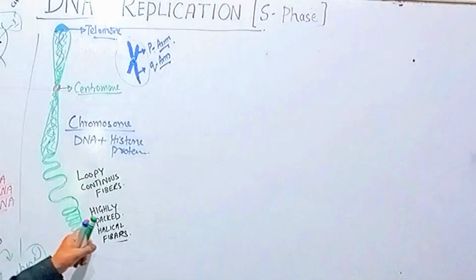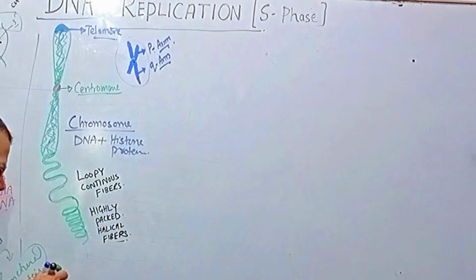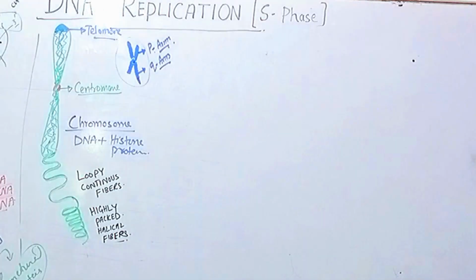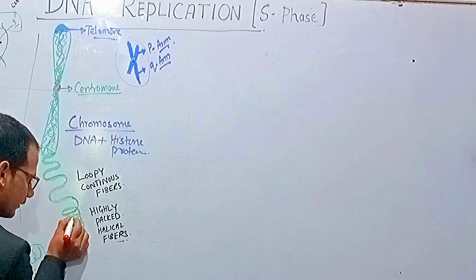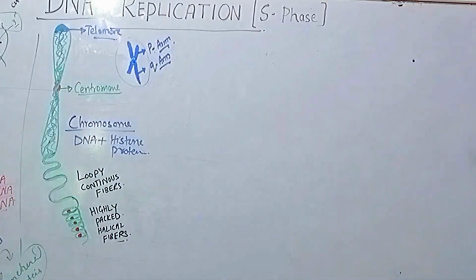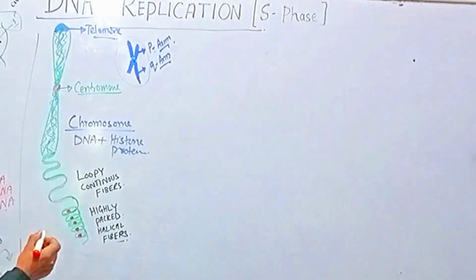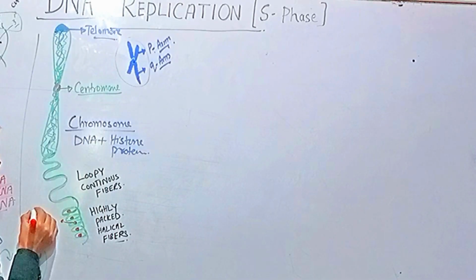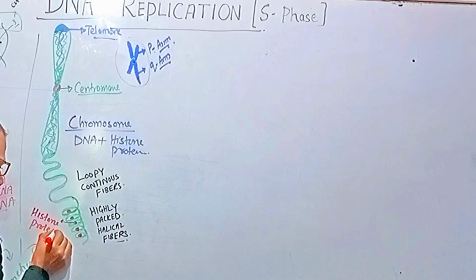And these fibers are around small proteins. These are looping around these proteins, and these proteins are called histone proteins.